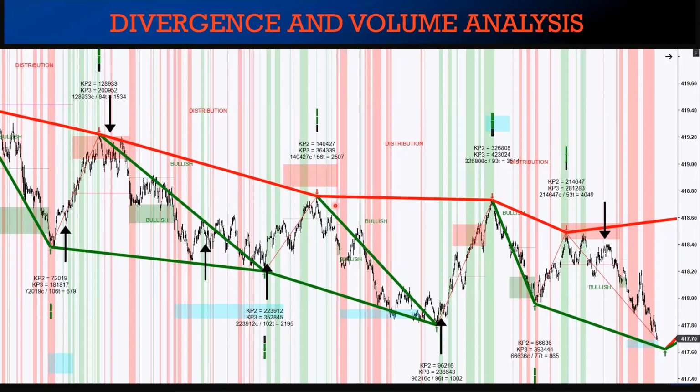Now, because the VIX isn't going with us, we're not necessarily going to reverse that trade, but it is an excellent signal to be using as an exit.